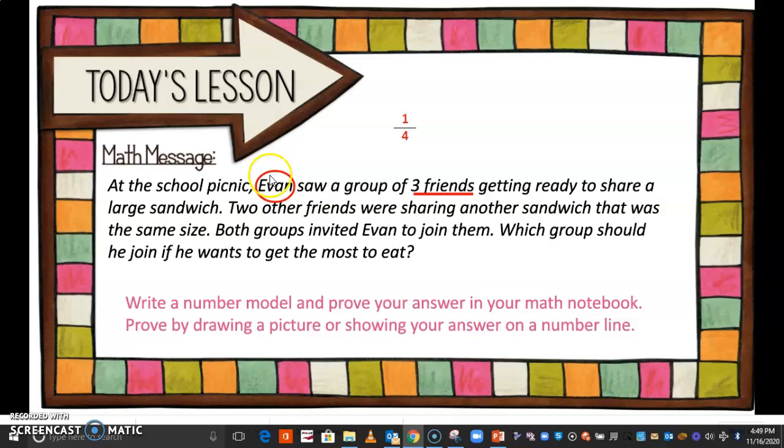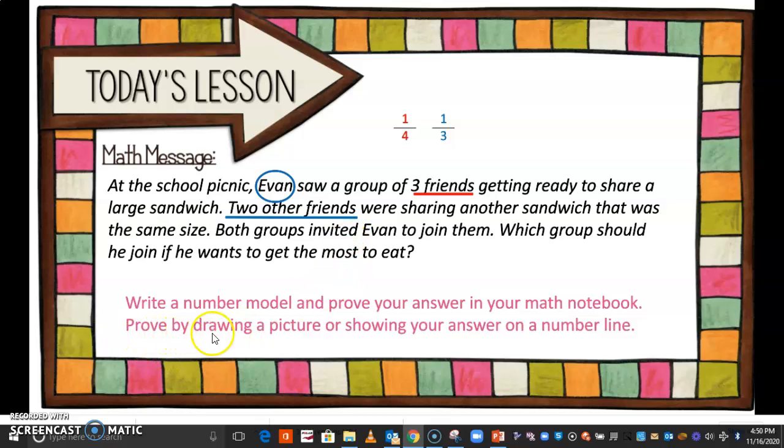Okay, so there's one option. Second option are these 2 friends plus Evan. So if 2 people were sharing it and now Evan joins, Evan would be sharing 1/3 of that sandwich. So now this is our information. Which one's more, 1/4 or 1/3?